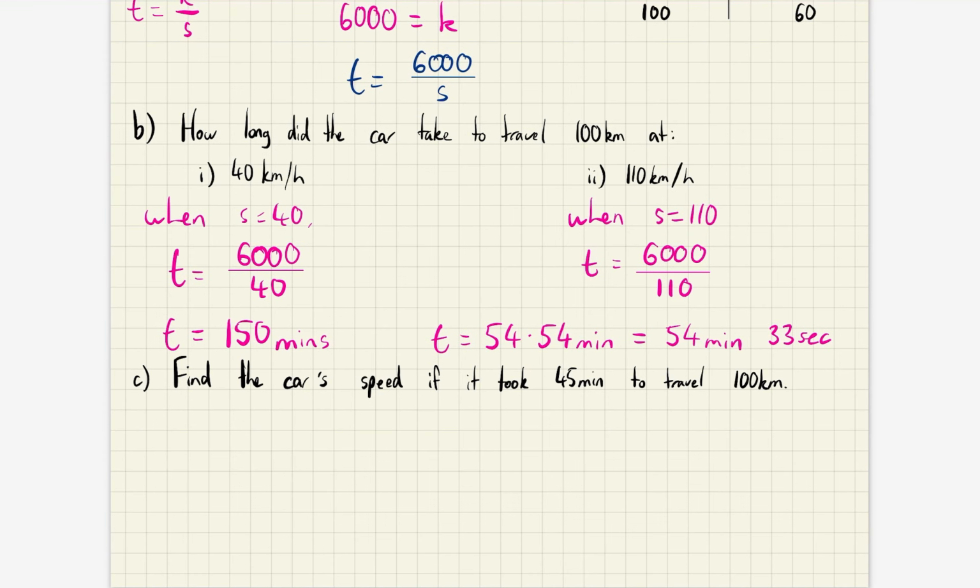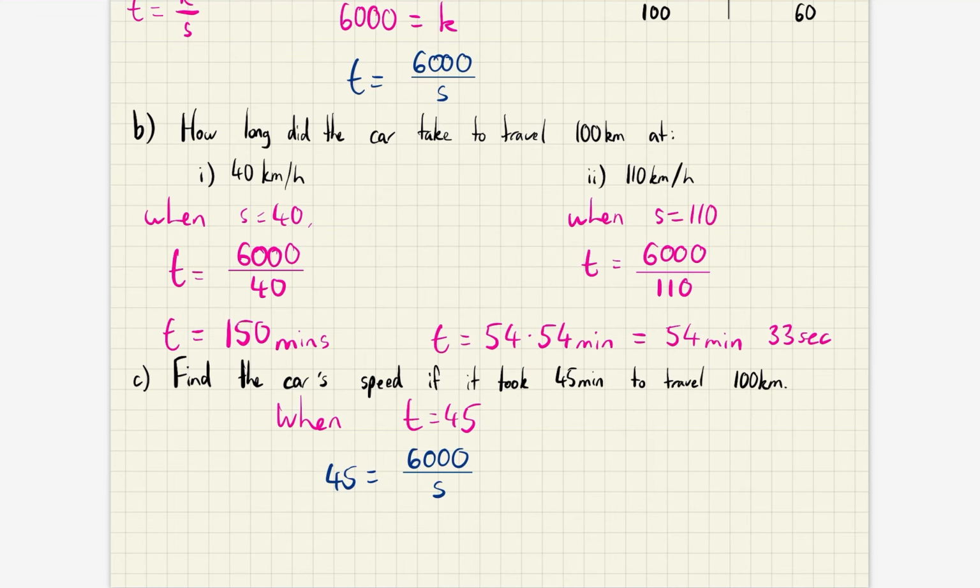The last part, part C, find the car's speed if it took 45 minutes to travel 100 kilometers. Okay, so what we're doing is we're going to do essentially the opposite. So we're going to have when t is 45 minutes, using that same equation we had before, 45 is equal to 6,000 divided by s.